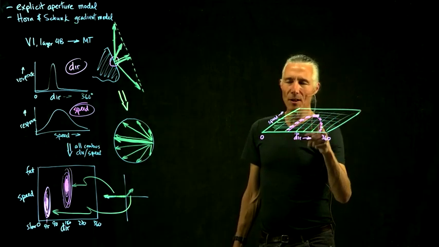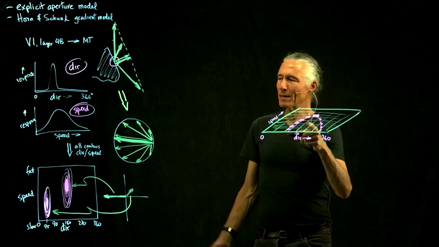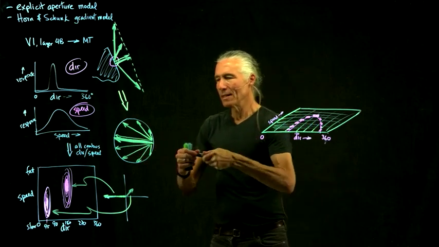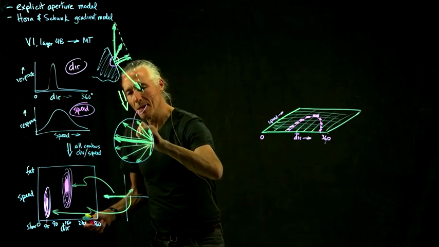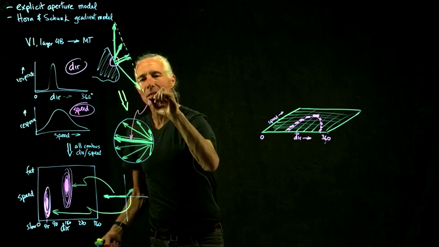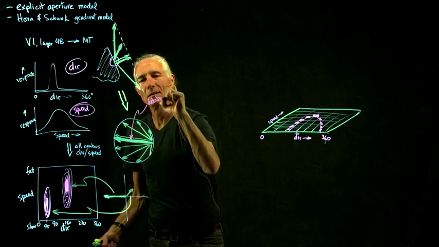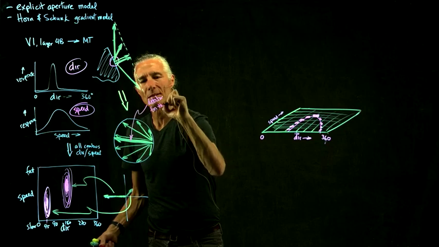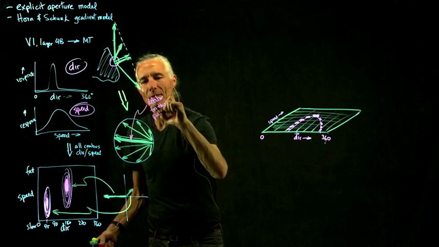And those are all the possible directions and speeds that could signal this one. This is the detector for this pattern motion.